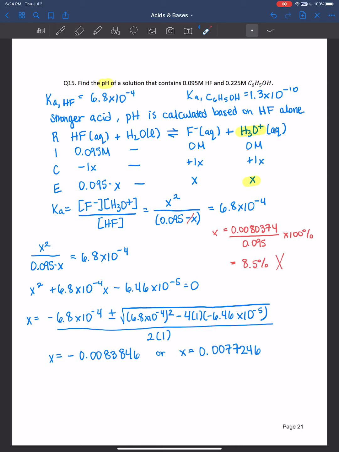The first solution is not valid because that would mean that we would have a negative concentration of the hydronium ions as well as that fluoride, so definitely not going to happen here. So therefore, x is equal to 0.0077246. This is also equal to our hydronium ion concentration.